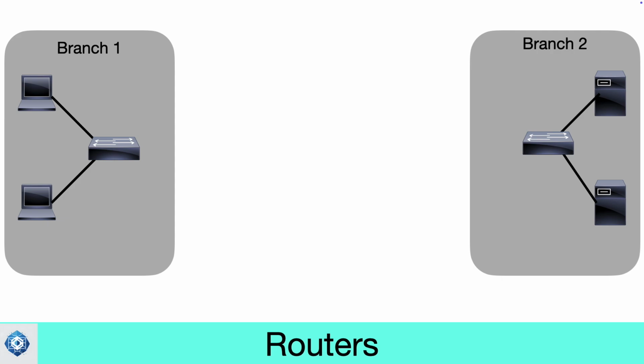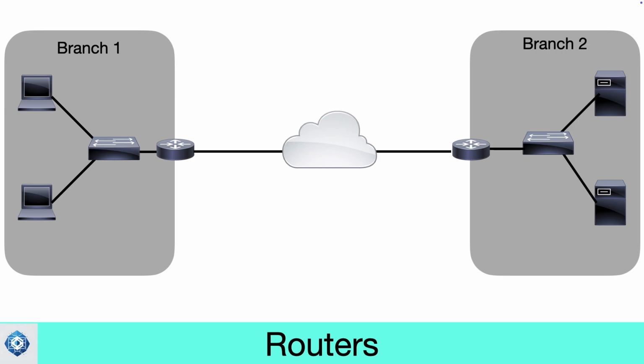Well, that's where routers come into play. Routers are what allow you to connect over the internet. So as you can see here, we will add a router to the edge of each branch with the connection into the switch. Now, this successfully allows for the connection of branch 1 to branch 2 through the router.